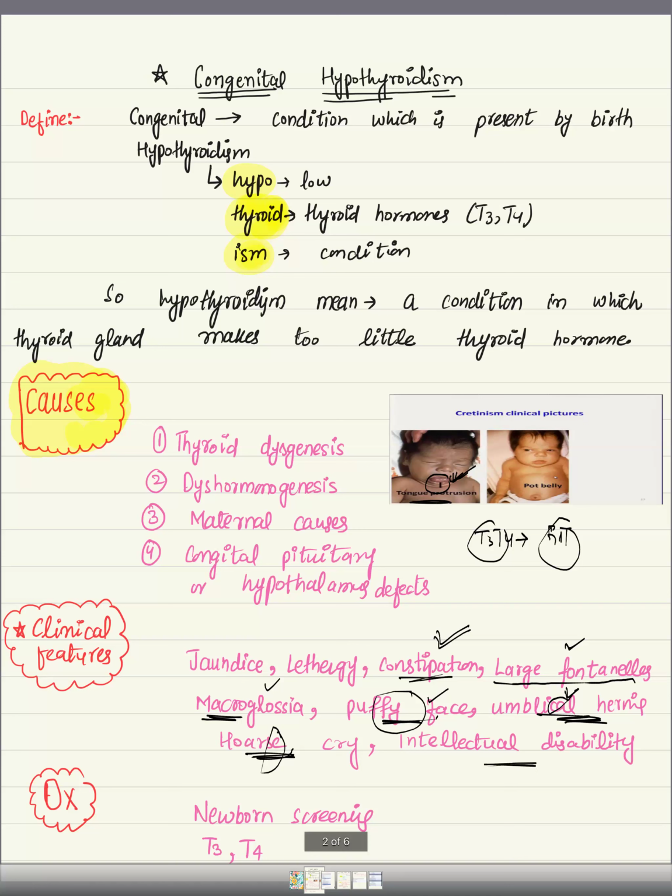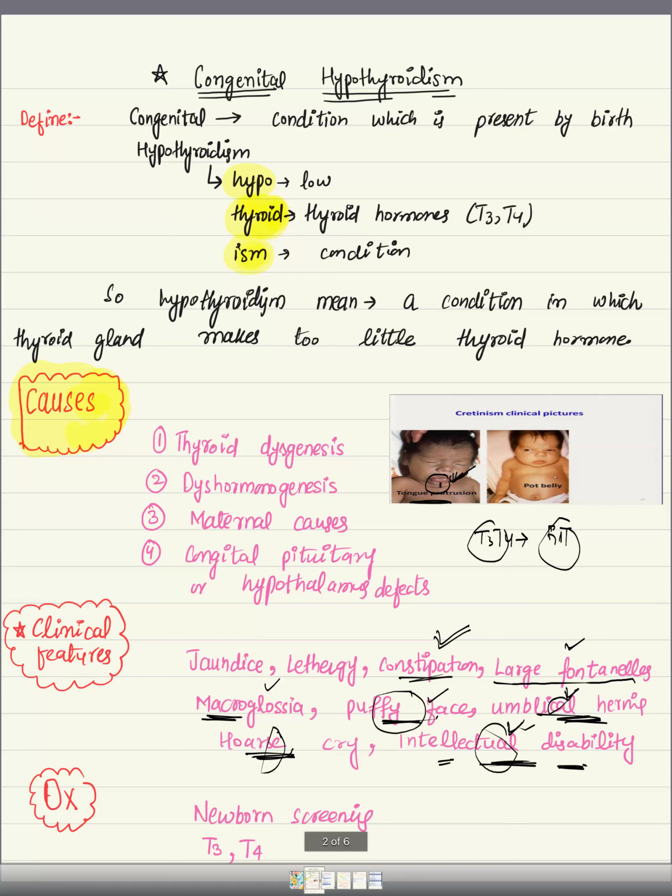And another important symptom is intellectual disability, and this is something they really want you to know for your exam, because this is a preventable cause of intellectual disability. If the baby gets T3 and T4, you can prevent this condition, because if the baby is going to have intellectual disability, it is a lifelong problem.